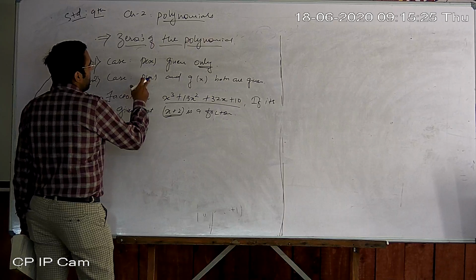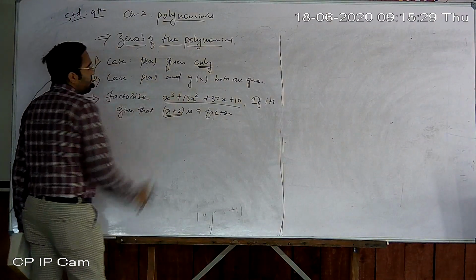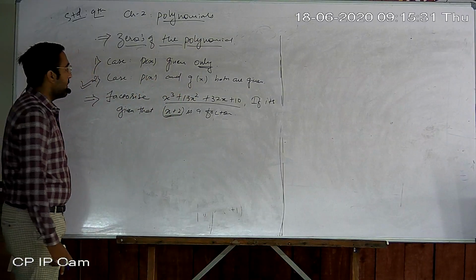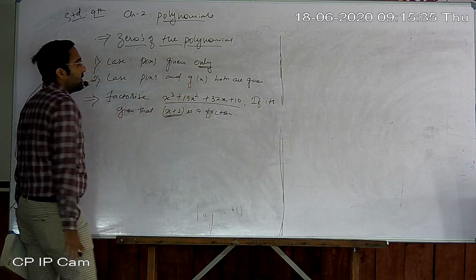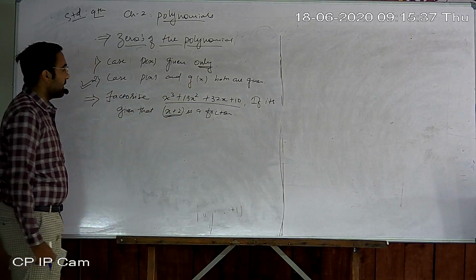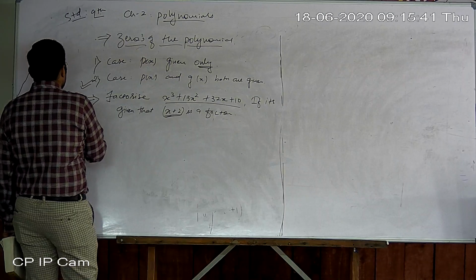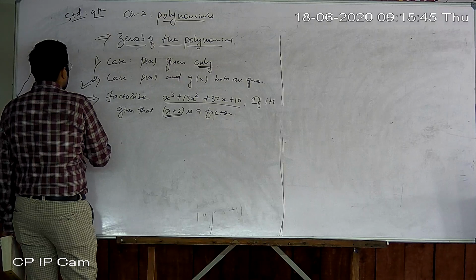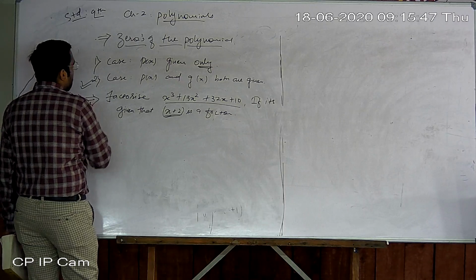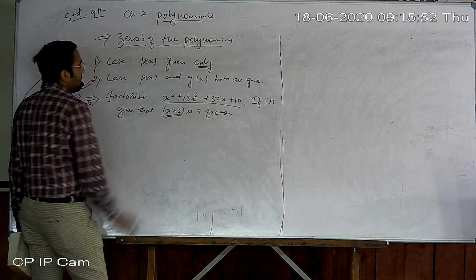In that case, it is always given p of x and g of x. Here it is compulsory that p of x and g of x both are given in the second case. So this is my case 2 example. Okay, in this case you see that here p of x and this is g of x.